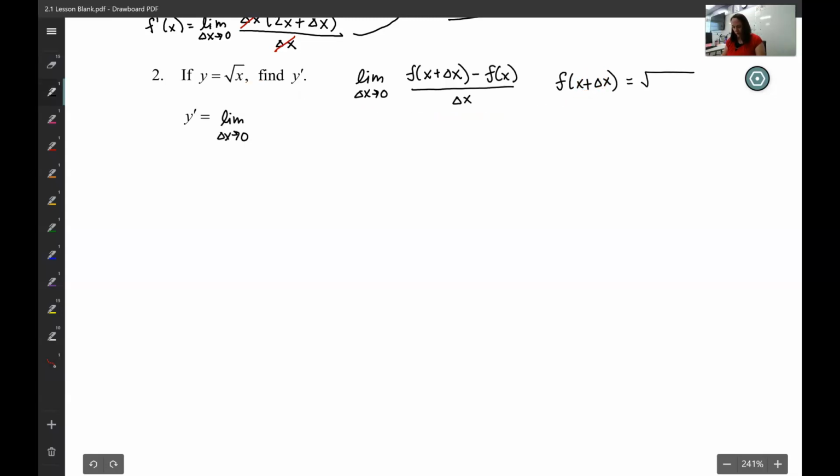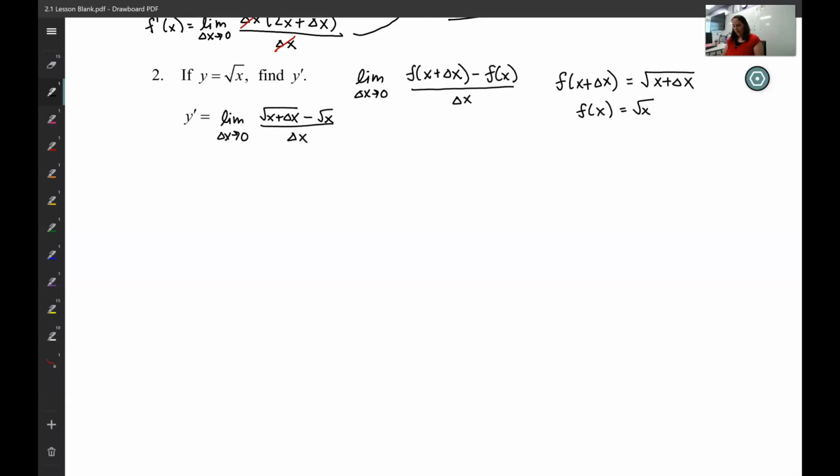So that would be the square root of x plus delta x. And our f of x is just going to be our normal equation. So now we can plug those in. So f of x plus delta x is square root of x plus delta x minus our f of x, which is square root of x, all over our change in x, x2 minus x1.